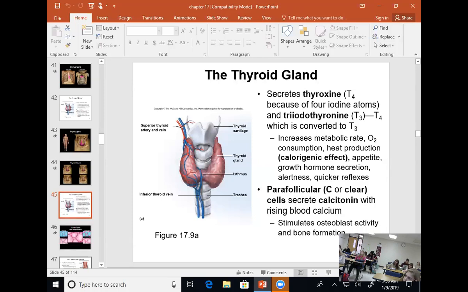I said T3 and T4 because the 3 and the 4, you do need to know this, are named for how many atoms of iodine are needed to make them. So where do we get iodine in our diet from?